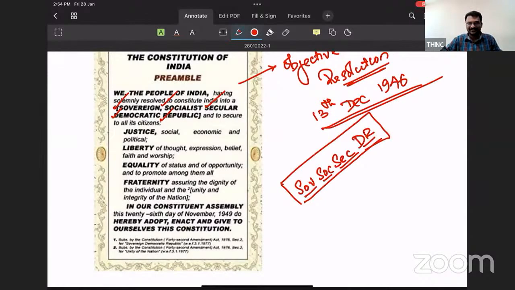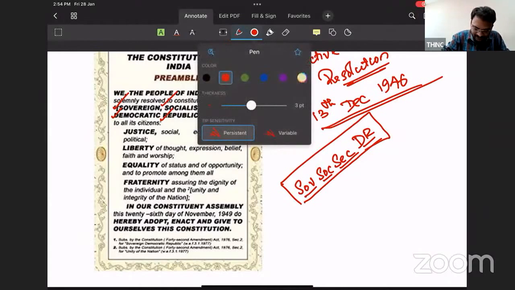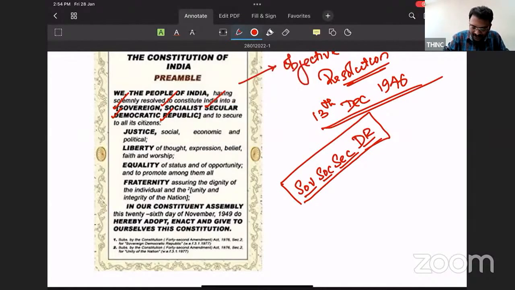Actually, the words socialist and secular were not in the original constitution. Even though the meaning was there, these two words were not in the original preamble. They were added by the 42nd constitutional amendment.